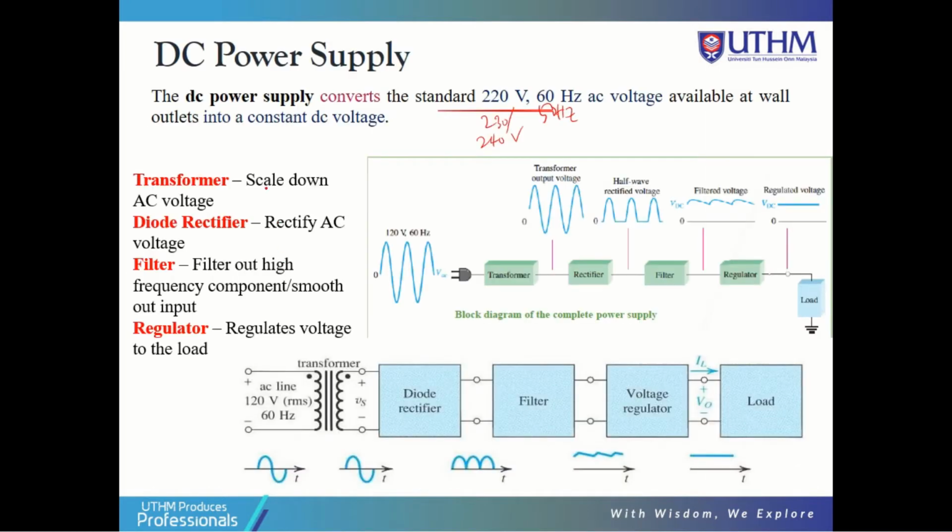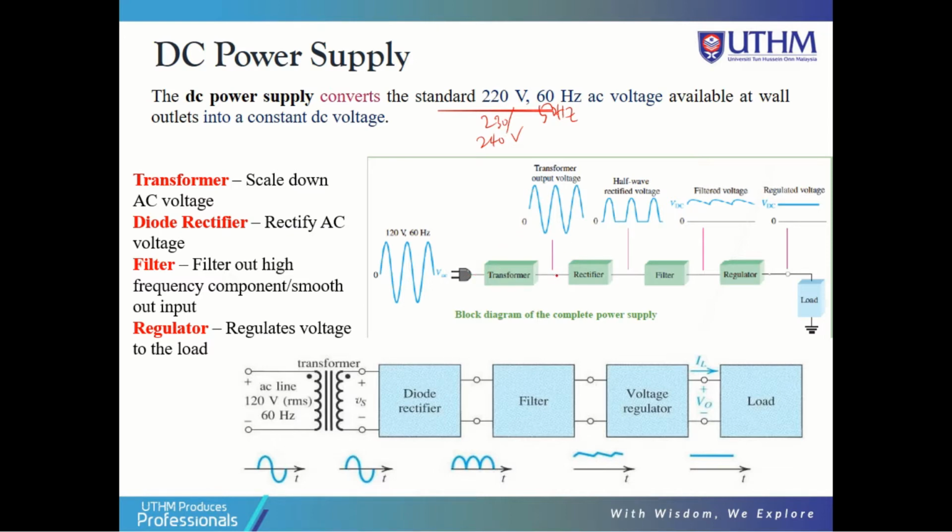So kita ada beberapa instrument yang convert from AC to DC. So this one is your supply 120 volt 60 Hz. Ni ikut negara lah. Kalau Malaysia 230 volt and 50 Hz. Okay, then connected to the transformer step up ataupun step down.